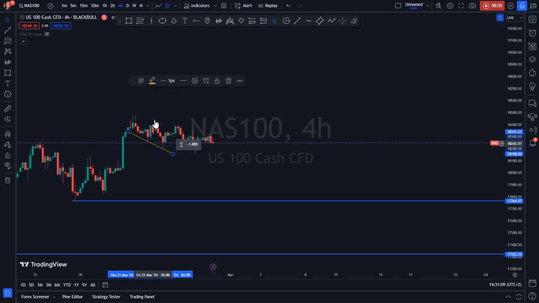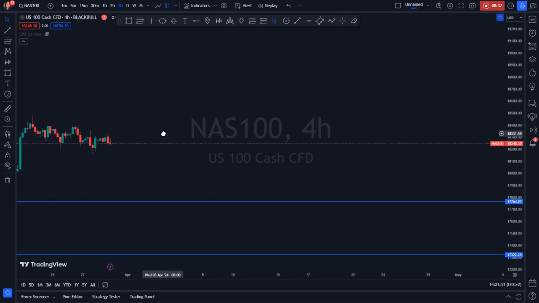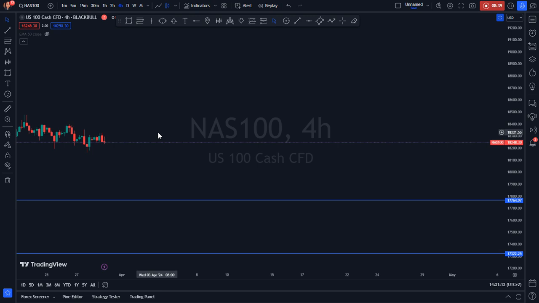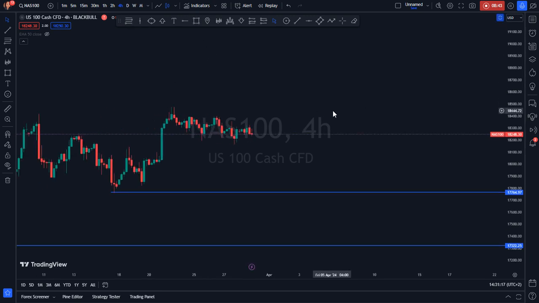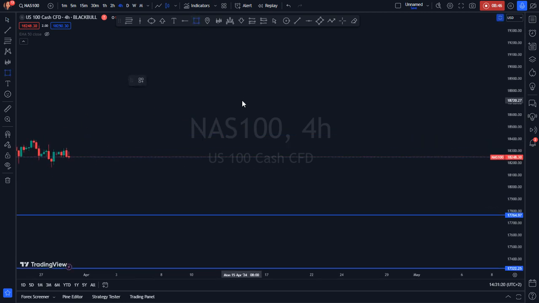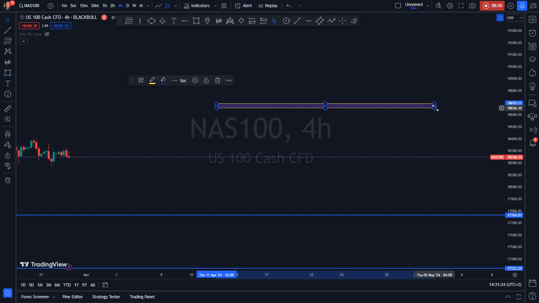I ignored this because there's a huge difference between two things. I'm gonna draw these two things for you so that you can get my explanation of what I'm trying to say right here. Let's say you've got a zone. Let's say you trade support and resistance zones, because these things are all the same. It's just that we are looking at the market differently. Trend line, support and resistance, whichever strategy works, you just have to follow the market structure as well.